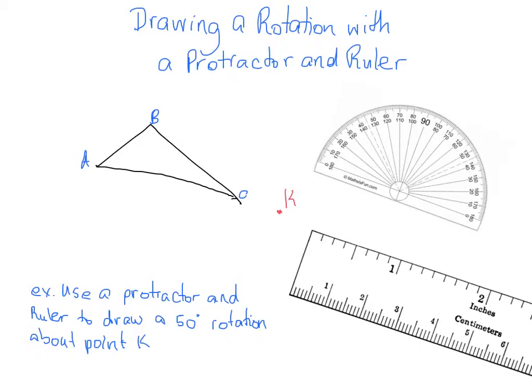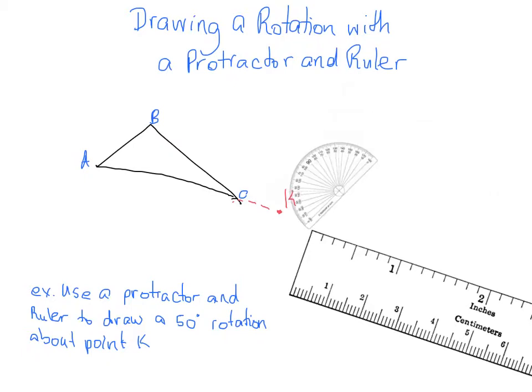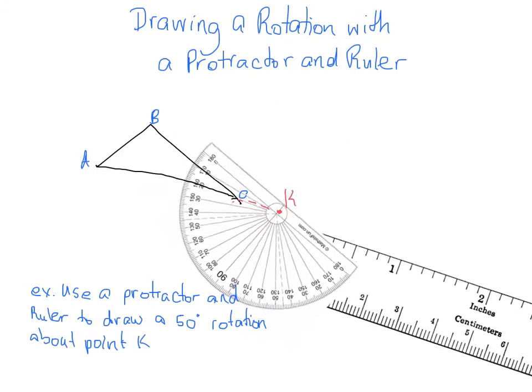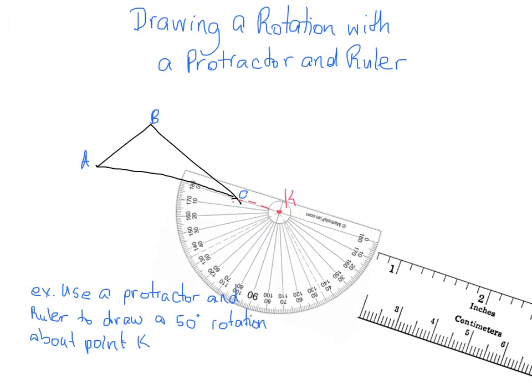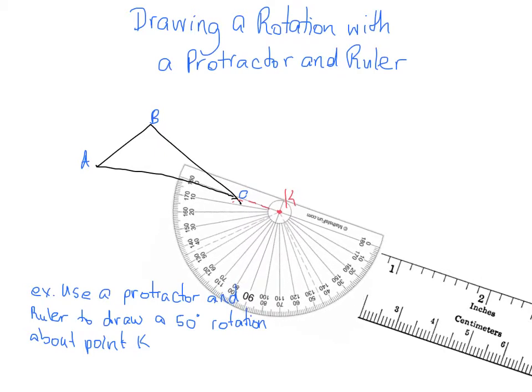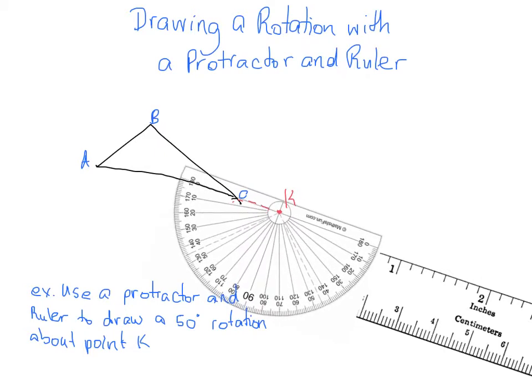In order to do that, we first have to draw a line, and we would, of course, use a real ruler if we had one, from one of our points to K. And now we can take our protractor and measure that angle, 50 degrees, that we're interested in. So make sure that you are lining up the center of the protractor with K, and the line going to C has to line up with the 0 mark on your protractor.